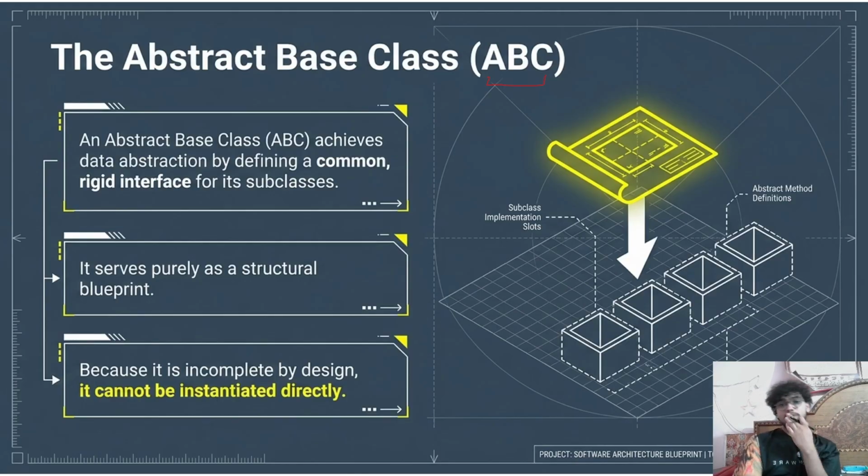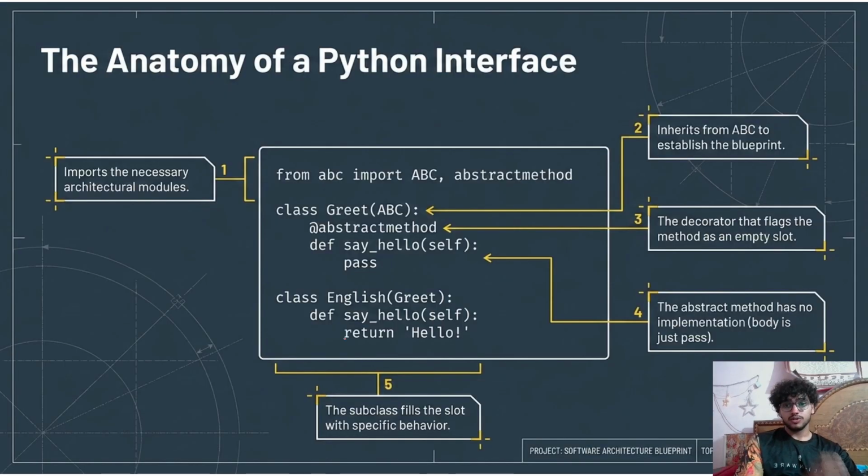A base class is basically used for achieving data abstraction by defining a common rigid interface in its subclasses. So subclass implementation slots are given and abstract method definitions are here. So it just means that we are plugging into already given classes. It serves purely as a structural blueprint, as I said, and because it's incomplete by design, it cannot be instantiated directly.